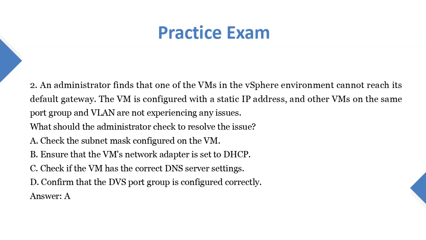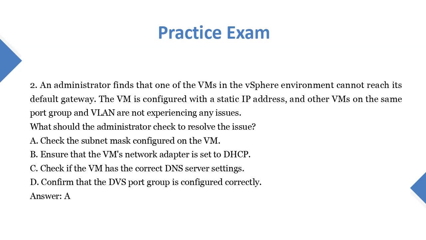2. An administrator finds that one of the VMs in the vSphere environment cannot reach its default gateway. The VM is configured with a static IP address, and other VMs on the same port group in VLAN are not experiencing any issues. What should the administrator check to resolve the issue?